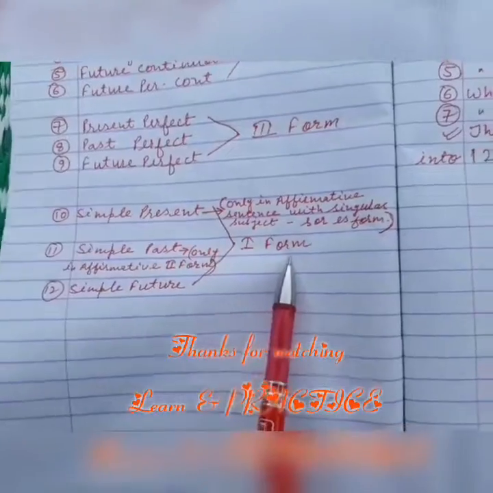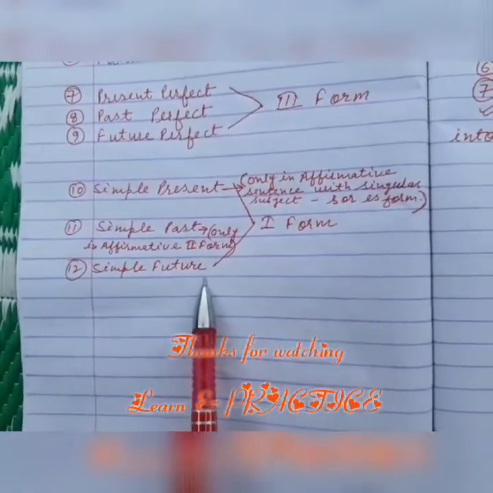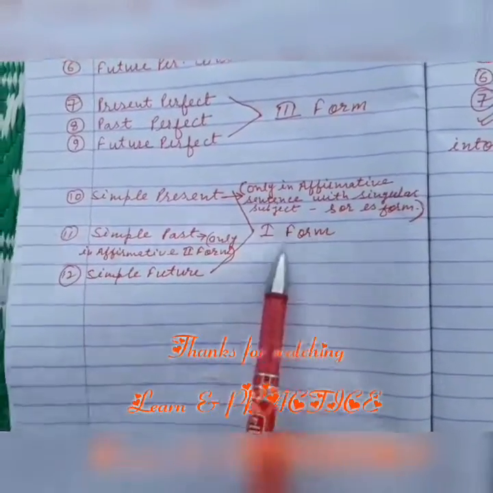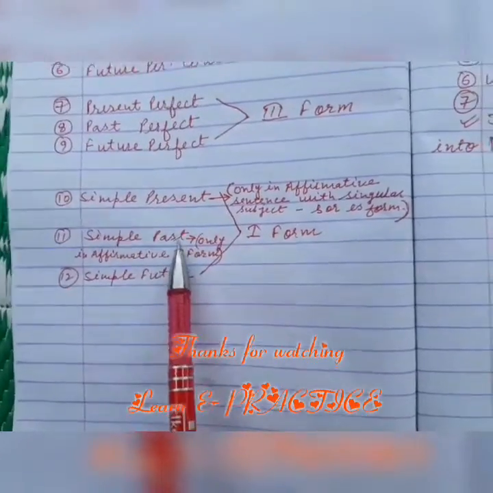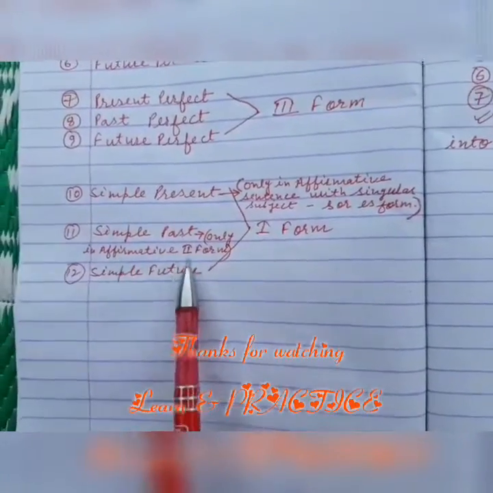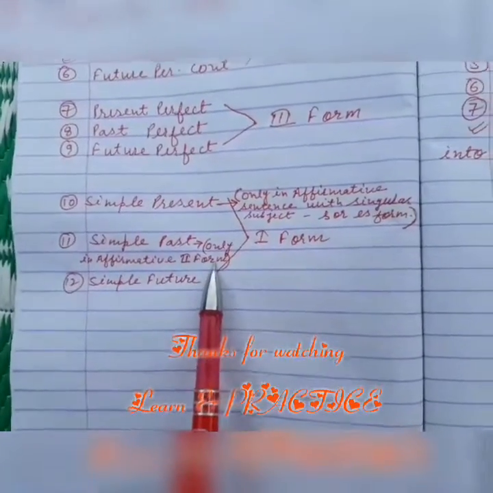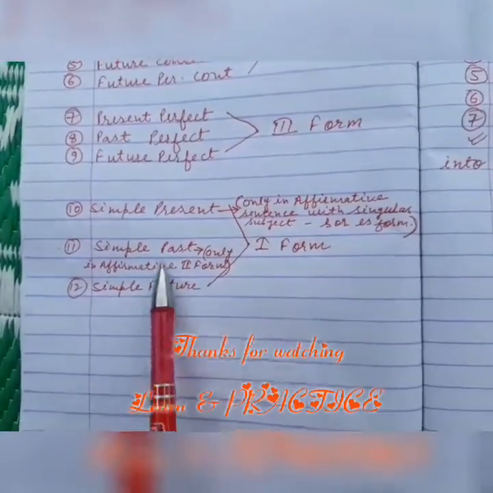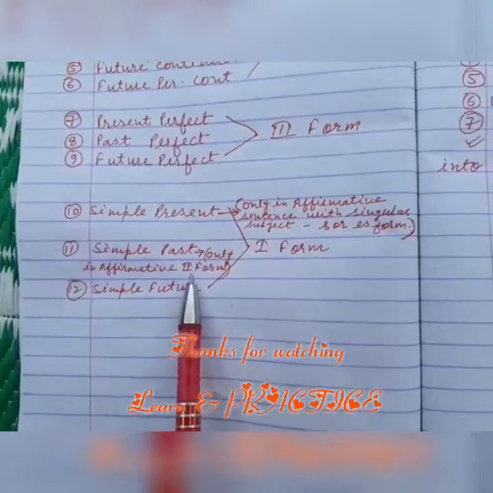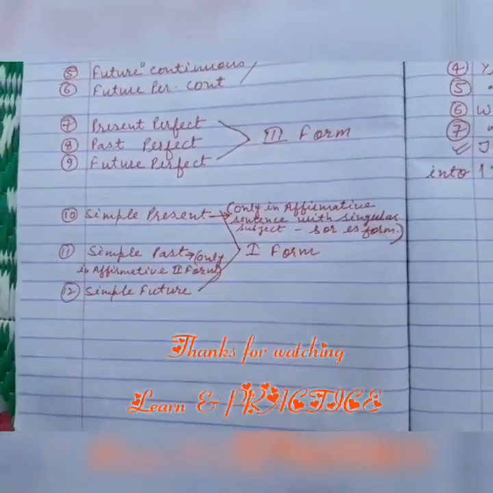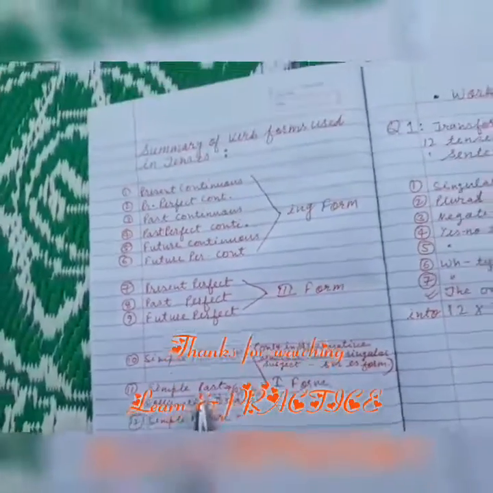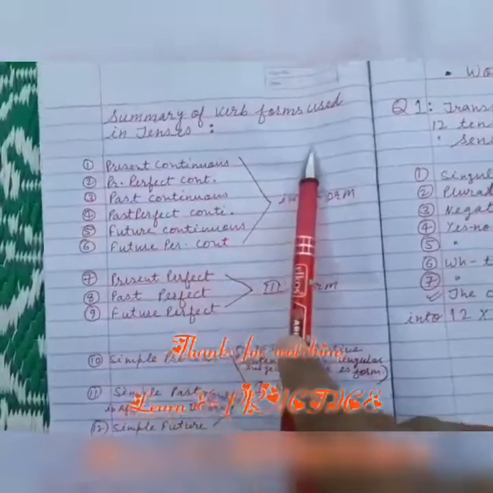In simple past also you use first form, and in simple future also you use first form. And in simple past you should remember that only in affirmative sentences we use second form of the verb, otherwise in interrogative and negative sentences we use first form of the verb. So it is a summary of verb forms.